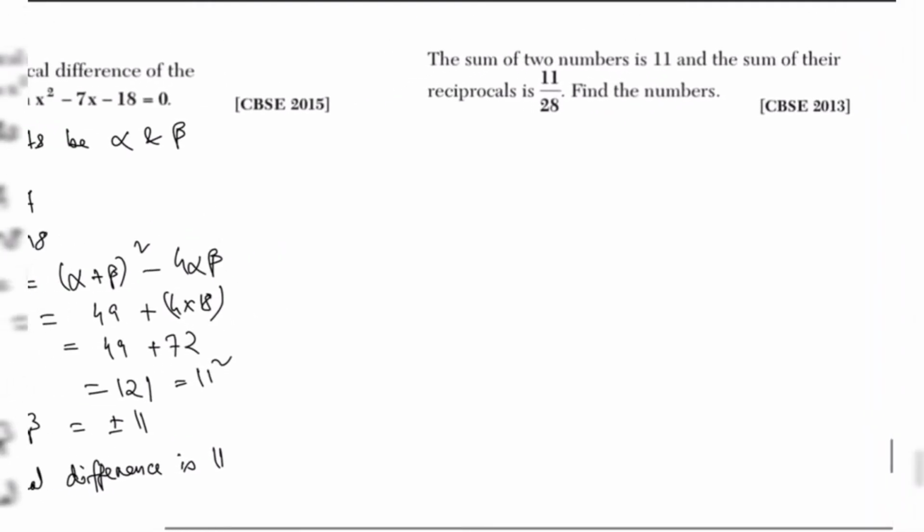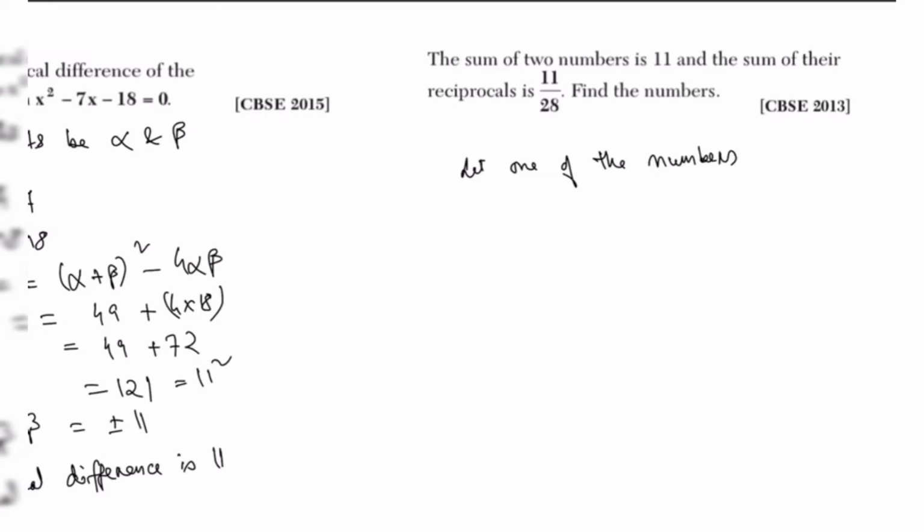Okay. Sum of two numbers is 11. Sum of their reciprocals is 11 by 28. Let's do it. The better way of writing is let one of the numbers be x.